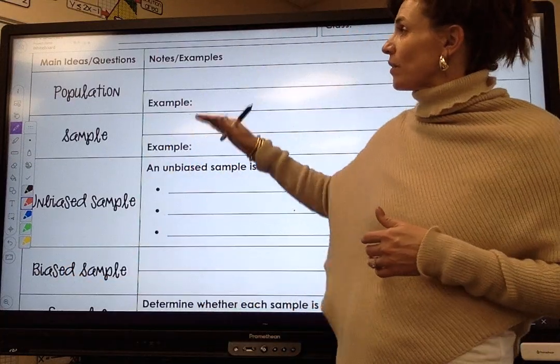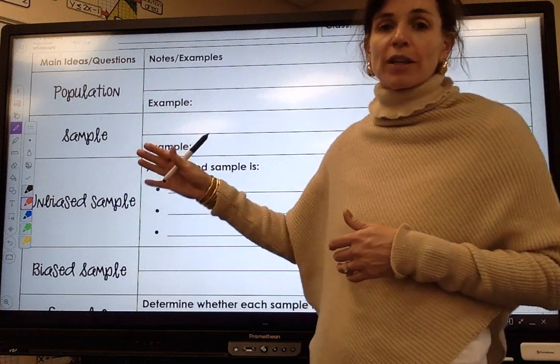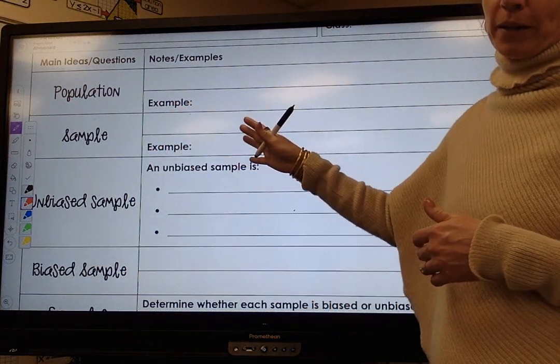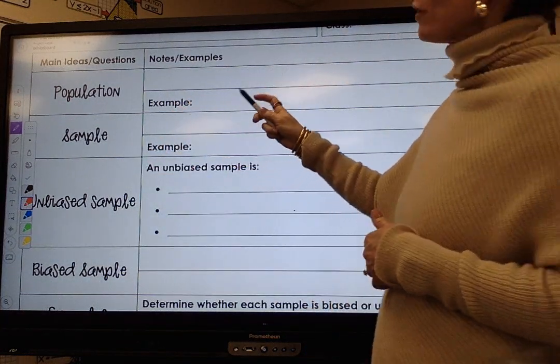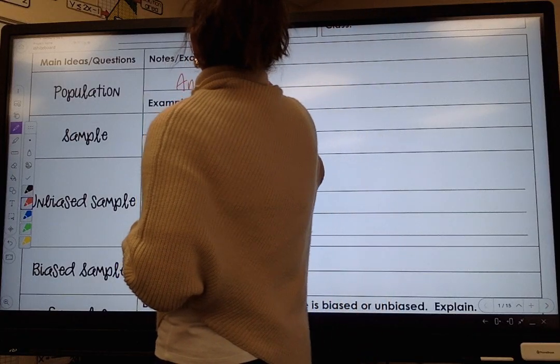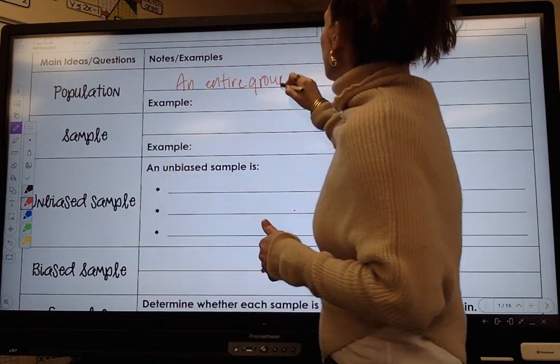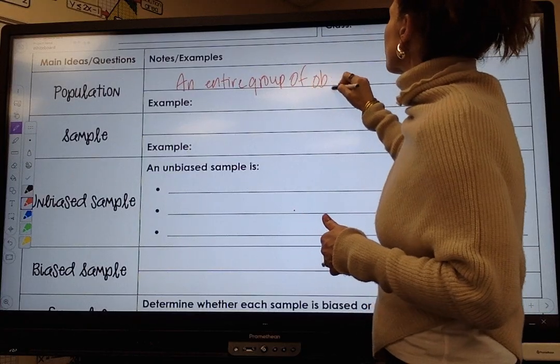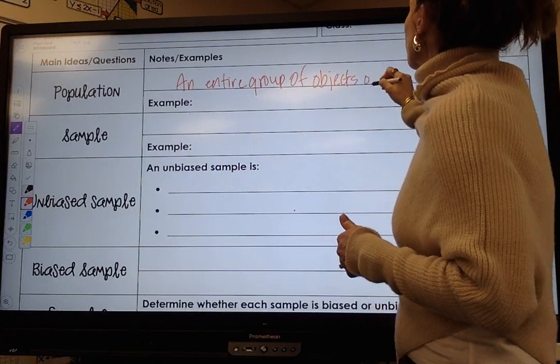And first we need to know some keywords. Our first keyword is population. So what is population? It is an entire group of objects or people.